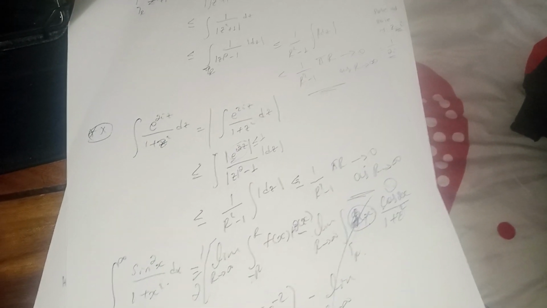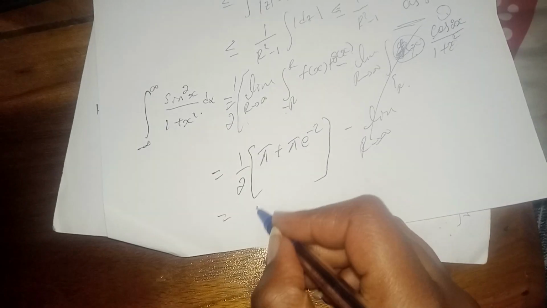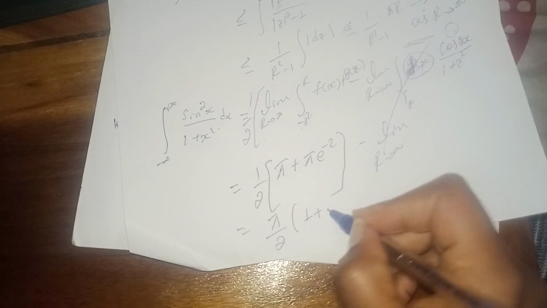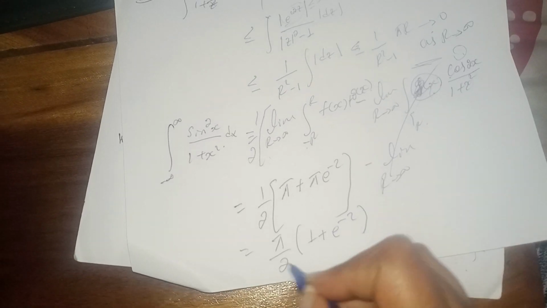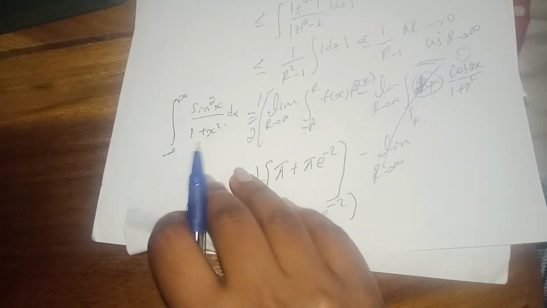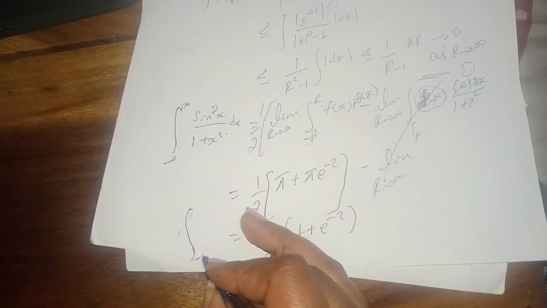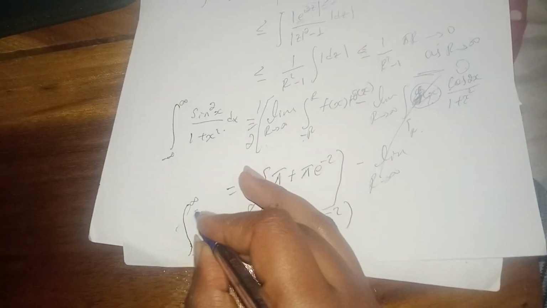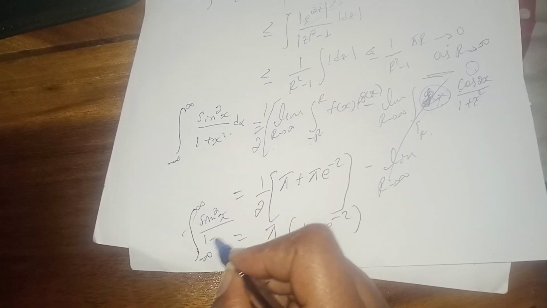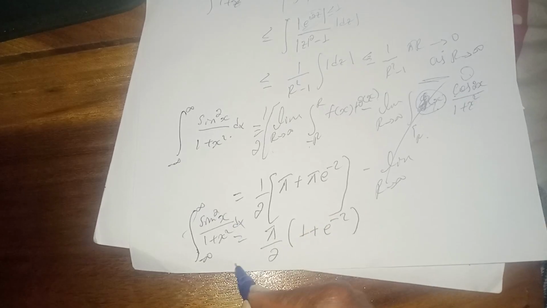Taking out pi as common, pi over 2 times (1 plus e raised to minus 2) is the integral from minus infinity to infinity of sine squared x over 1 plus x squared dx.